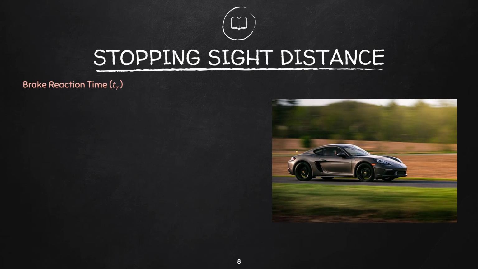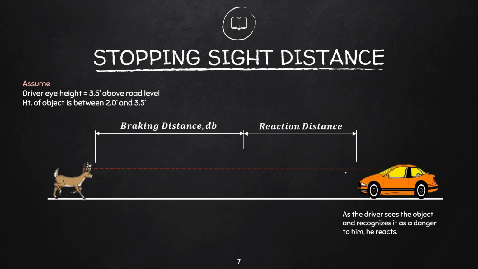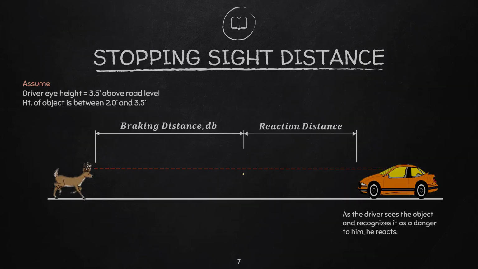Going back here, from the start of the perception of the driver, remember the perception reaction process. At the start of the perception, once the driver was able to see this object, we start with the measurement of your brake reaction distance and your brake reaction time, from the start of the perception up to the actual stepping on the brake or the actual function of the brakes.